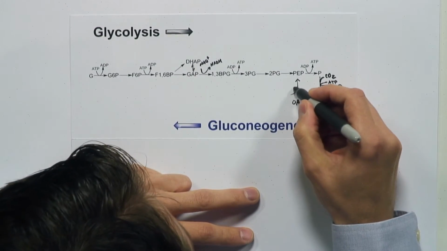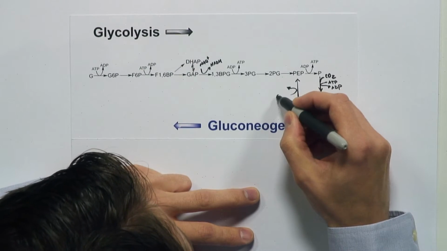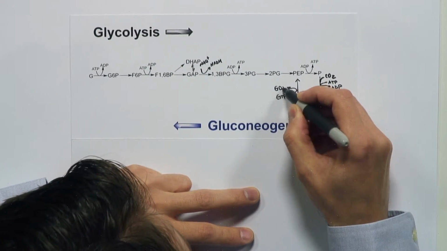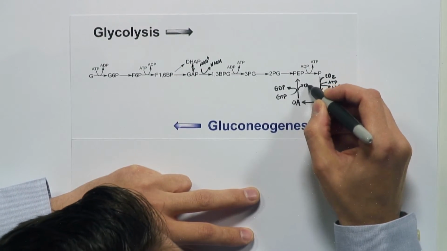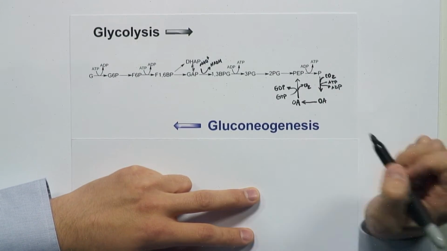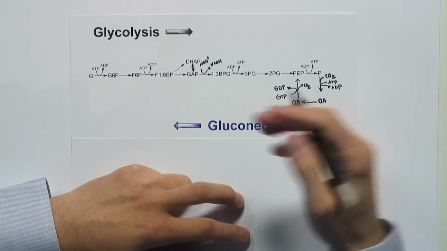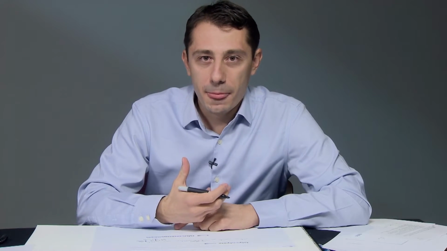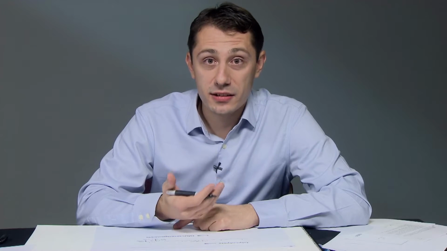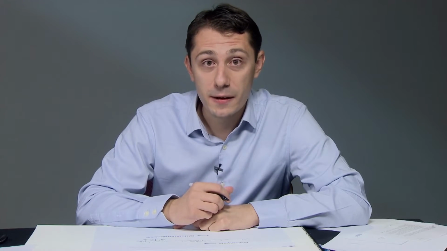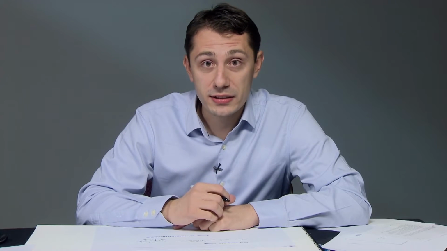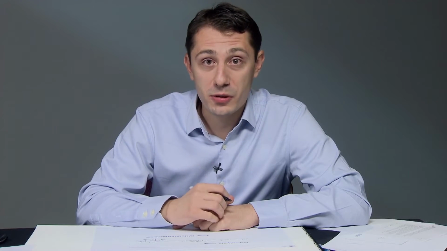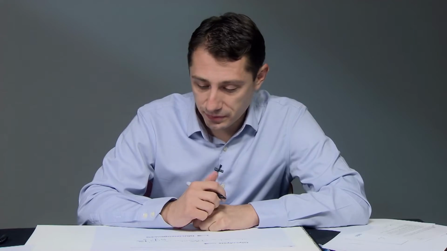This enzyme once again requires energy, this time in the form of GTP going to GDP, and here we're going to lose that carboxyl group that we added on earlier. Now, while this might seem like a cumbersome way to reverse one reaction, this allows both the pyruvate kinase reaction and going from pyruvate back to PEP to be controlled in different ways, and therefore allows both of these processes to happen spontaneously.